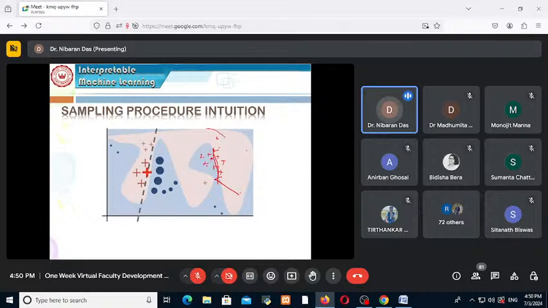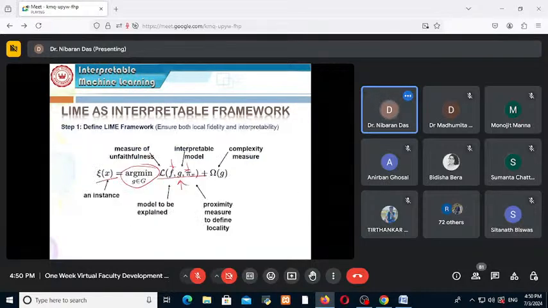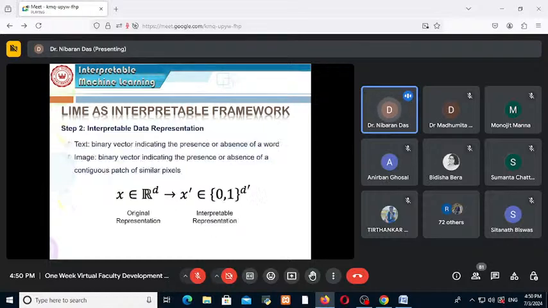Now you could use this complex model, that is F, the main model, and this is the corresponding G, and you could use all the samples with F and G, and then make the decision here. So F, G, and x, the proximity measure to the defined locality, and there is a complexity measure, how complex the model will be.